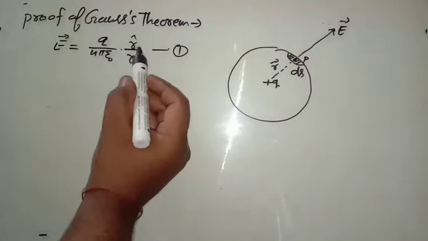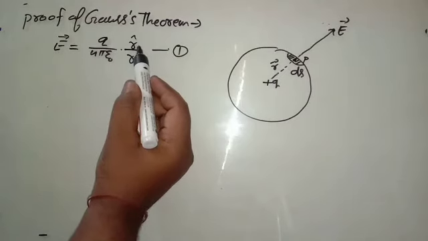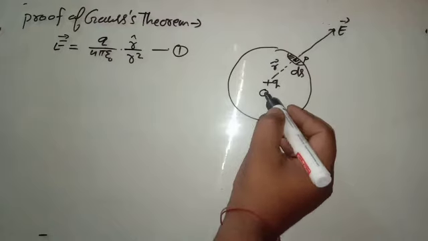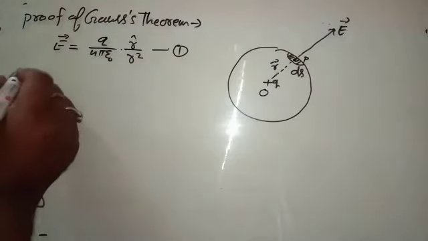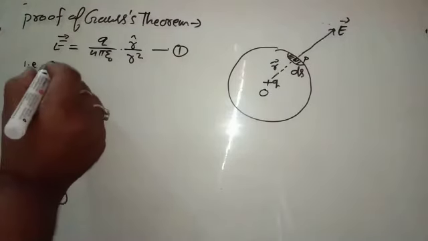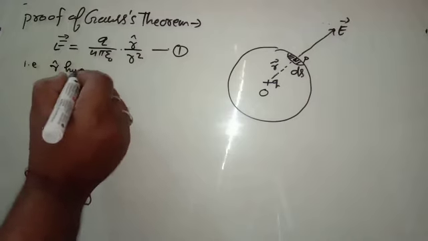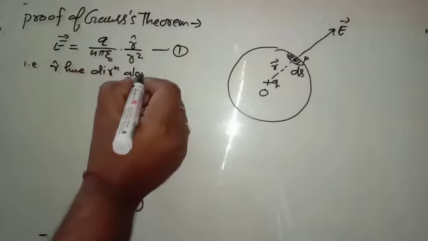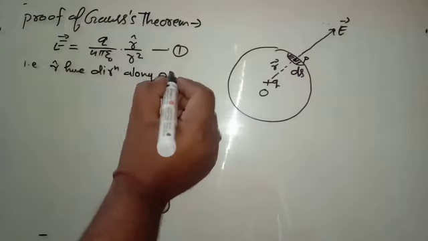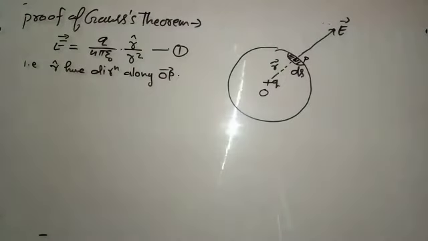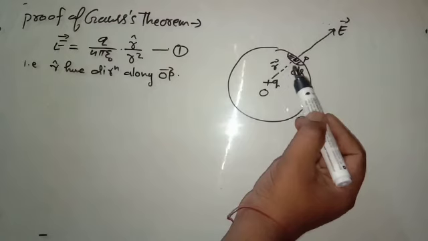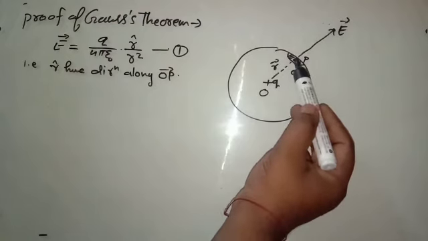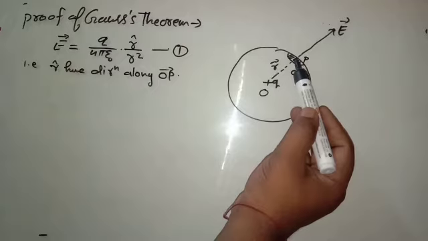And if we see here, this is the unit vector r which has the direction from the center of the sphere O to P. That means the unit vector has direction along OP.